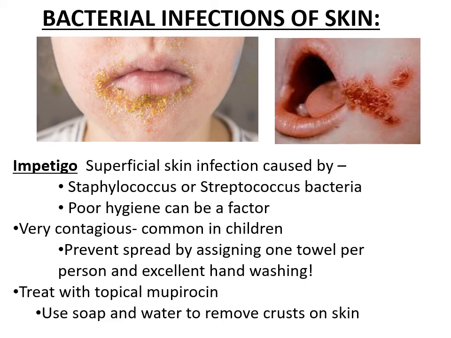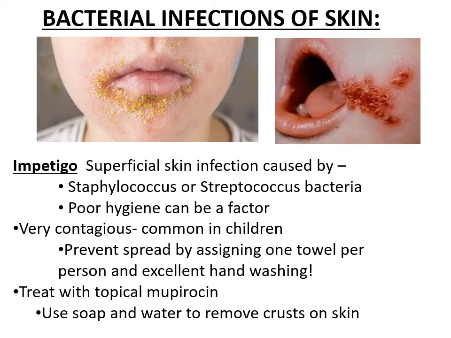So usually it requires avoiding sharing of clothing, of towels, anything that can potentially spread the infection from one person's skin to the other. And typically, if you have impetigo, you're not able to go to school until it's completely cleared, because they know at the school that it's going to go from child to child to child.